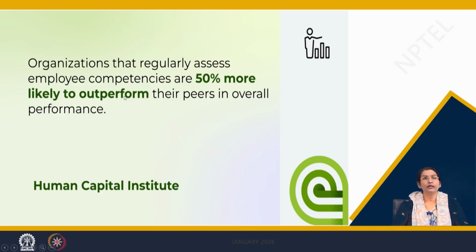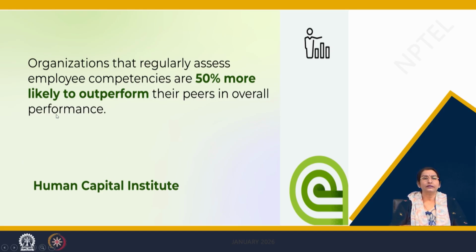The organizations that regularly assess employee competencies and do time-to-time performance appraisals are 50% more likely to outperform their peers in overall performance. These are survey research findings from the Human Capital Institute.